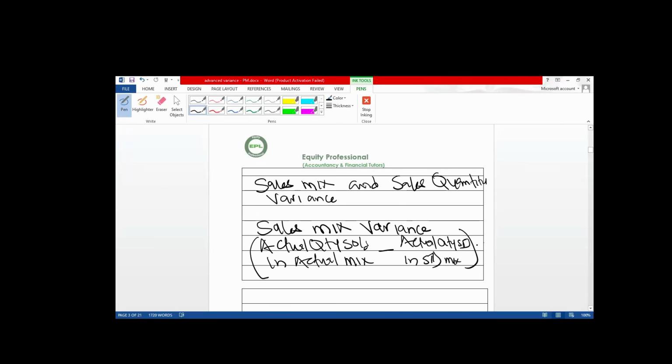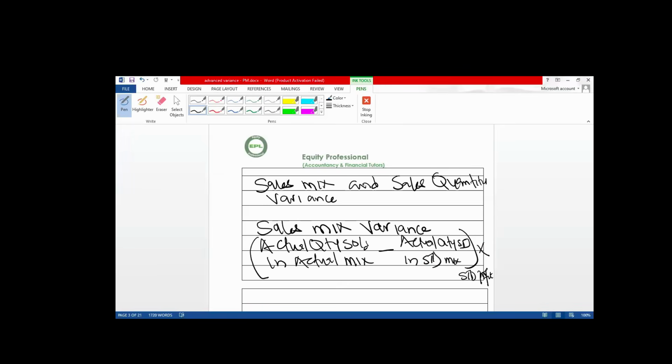Get the difference, then multiply by your standard profit. You are going to use standard profit, like we explained yesterday.